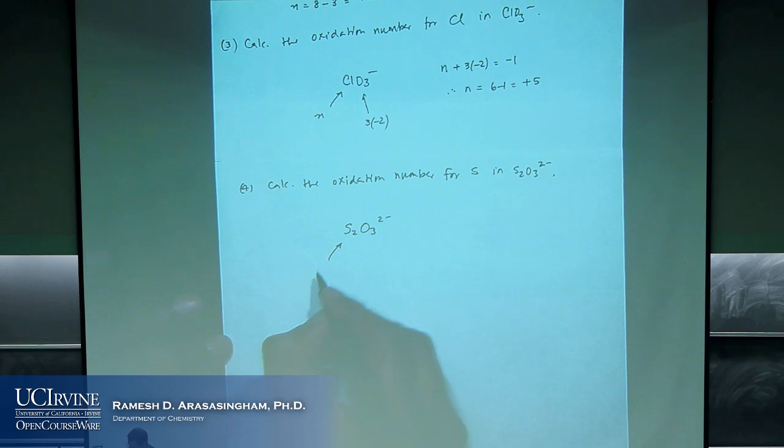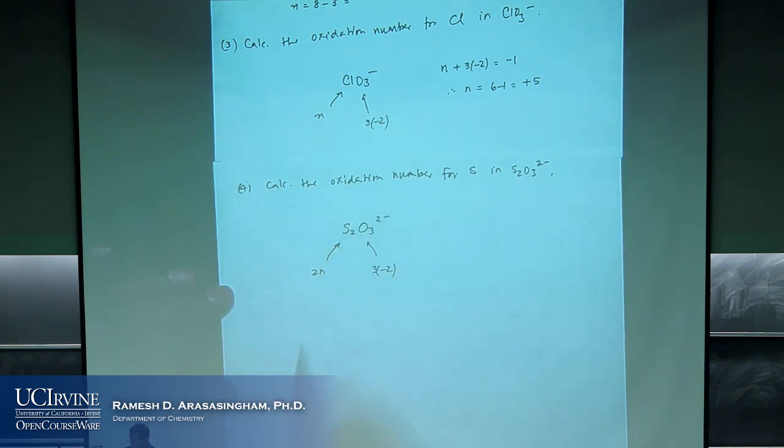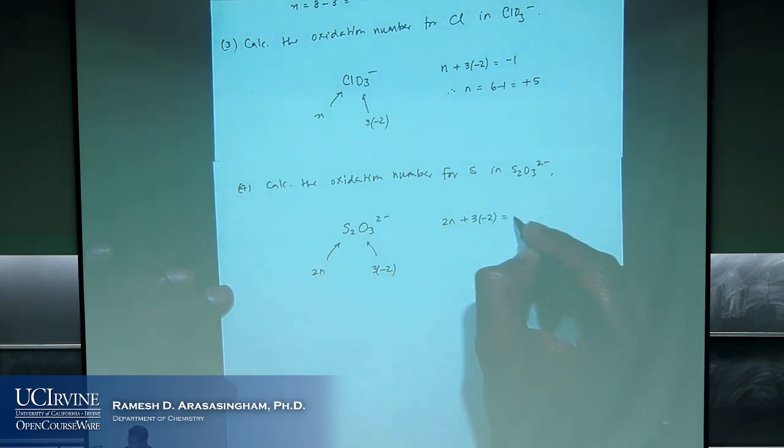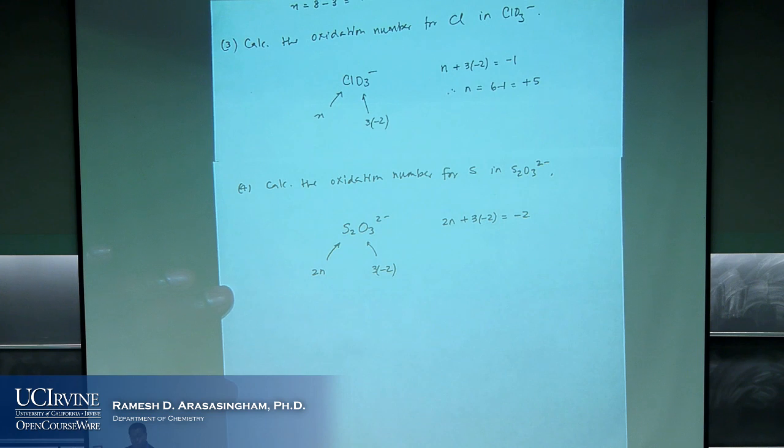So there are 2 sulfurs, so we're going to say 2N. All right? And there are 3 oxygens, and we know from the rule that oxygen has a -2 oxidation number. So the sum of these two should equal 2 minus. All right? So we know 2N plus 3 times -2 should equal -2, which is the overall charge.